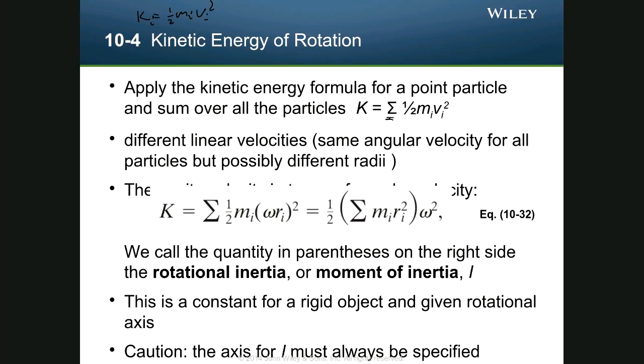So we can say that K system equals our sum of 1/2 m_i v_i squared. And we can replace that. Remember that v squared will be equal to omega squared r squared.